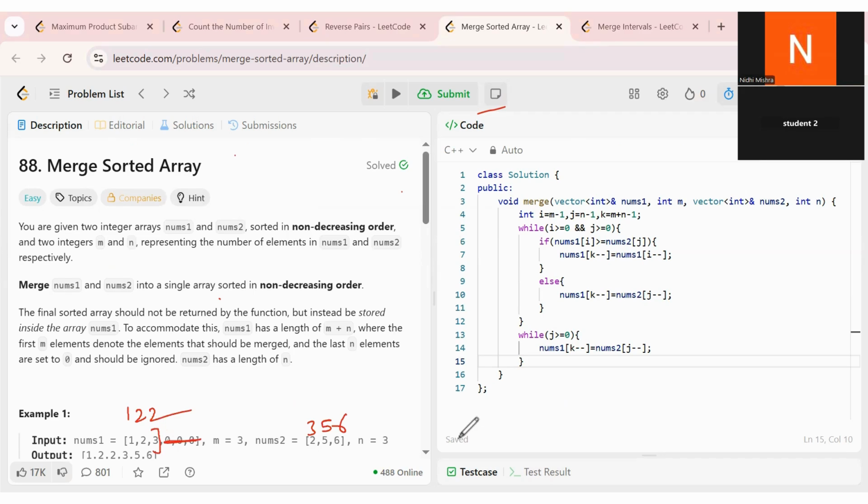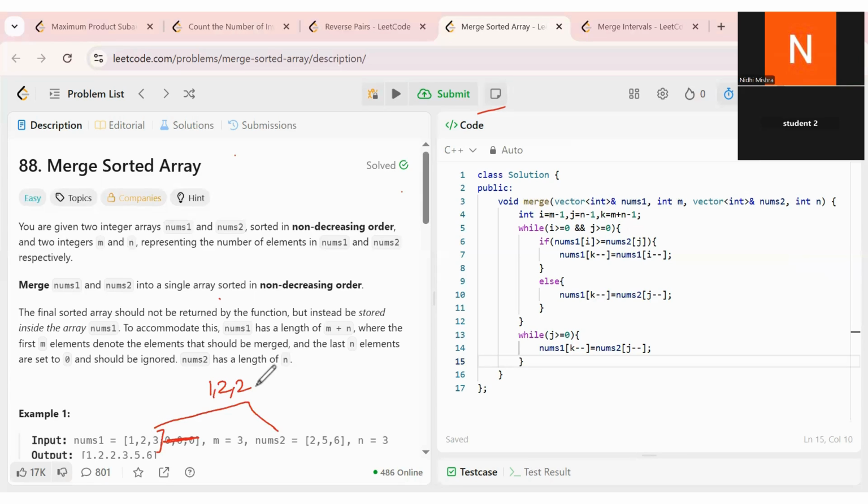See, the extra space is not given. The sorting will be inside this and this. The elements will be shuffled. Suppose I have nums1 and nums2, and I'm sorting these two together.